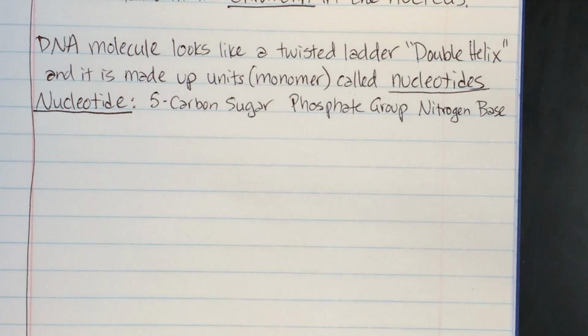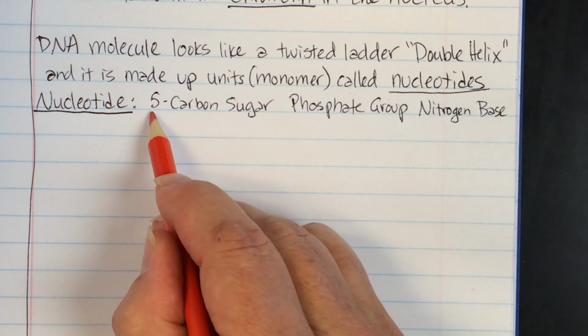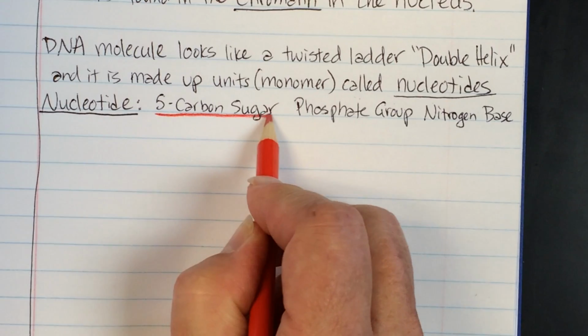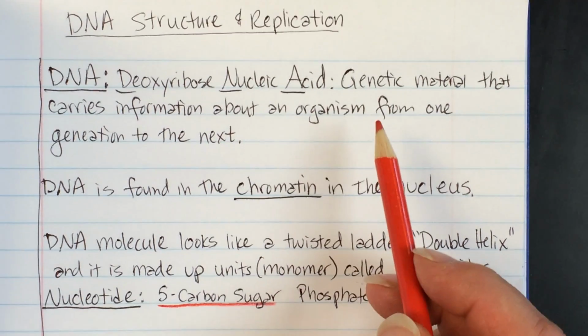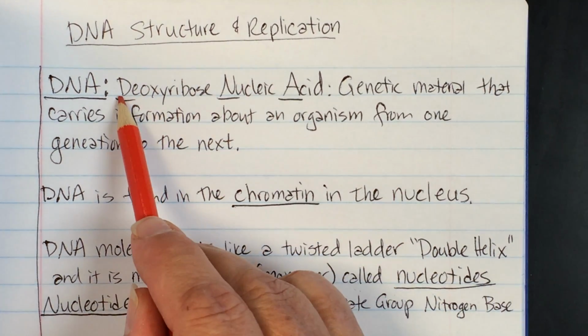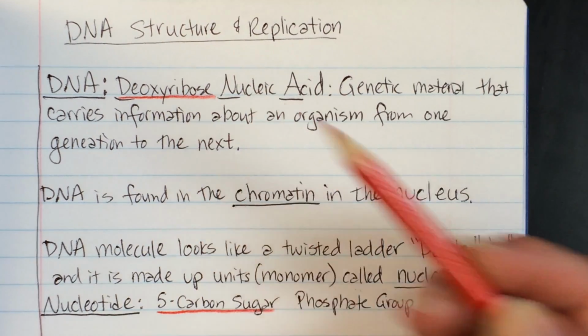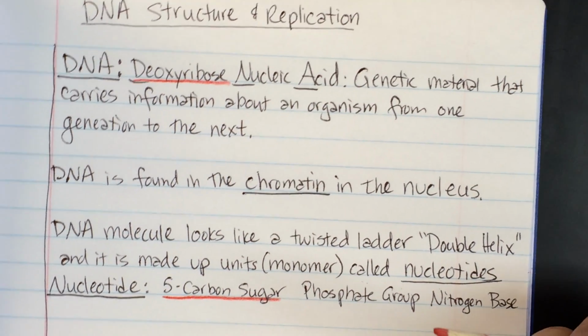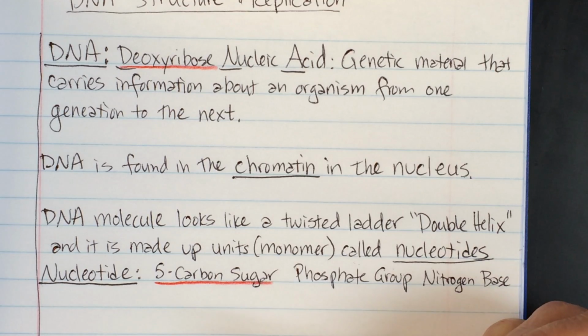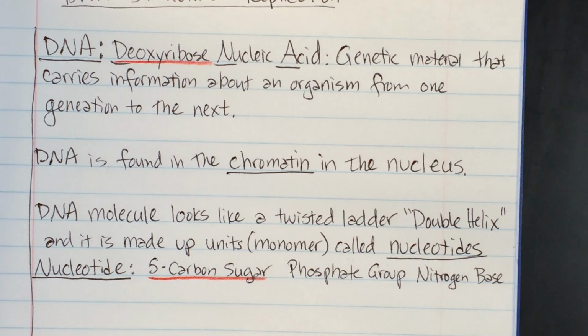So now I'm going to stop and add some color all the way in these notes. Whenever I have a sugar, I'm going to make it red. So you might want to color code it. The D for DNA stands for deoxyribose. That's the sugar. Okay.